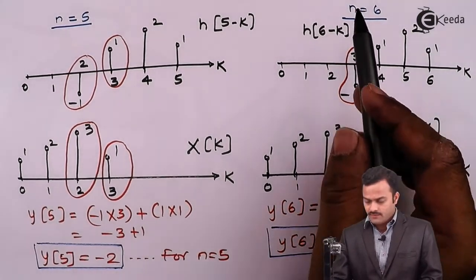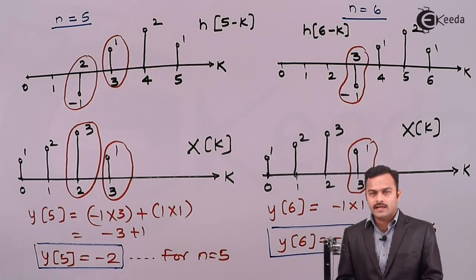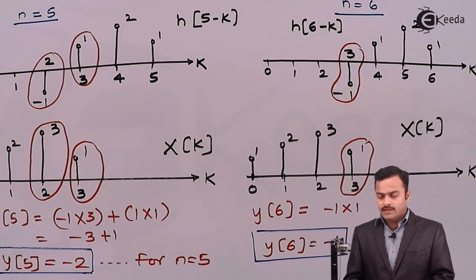Now obviously if I have n equal to 7, there won't be any samples common between them. Same is the case for n equal to 8, n equal to 9. So even if I take any value of n which is greater than 6, I will not get any samples common between them.